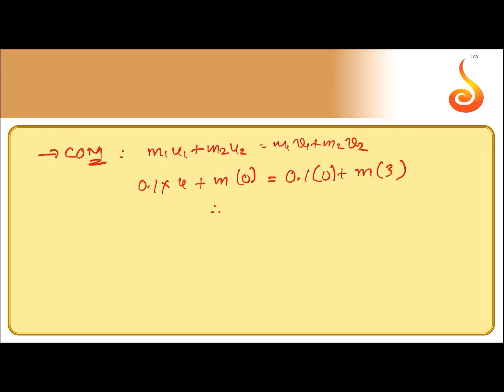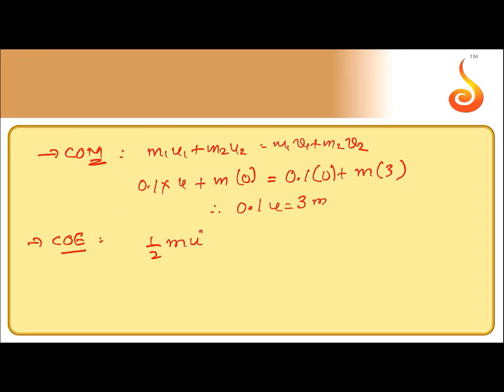So we have the relation between them: 0.1 u is equal to 3m. Now, we can also make use of the energy conservation.